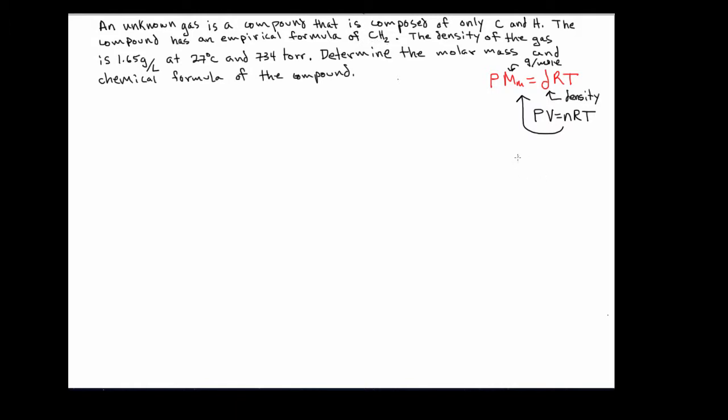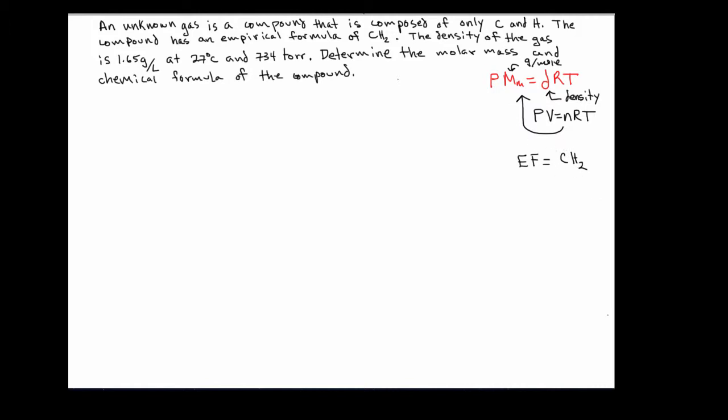All right, so the empirical formula, and I'm going to rewrite that down here so we can see it. I abbreviate empirical formula EF, and it's equal to CH2. So remember, an empirical formula is a chemical formula which is in the lowest whole number ratio possible. The actual chemical formula will be some kind of multiple of this formula.